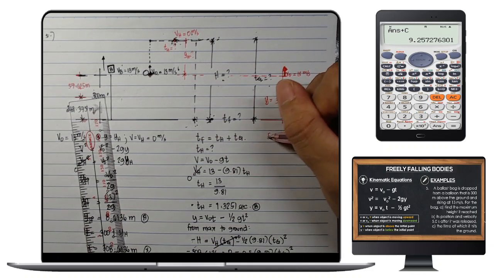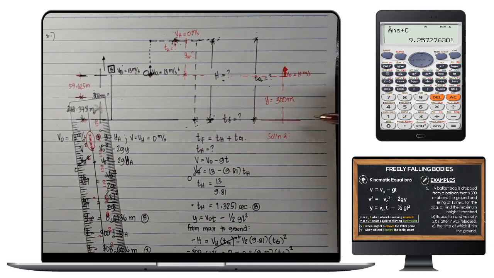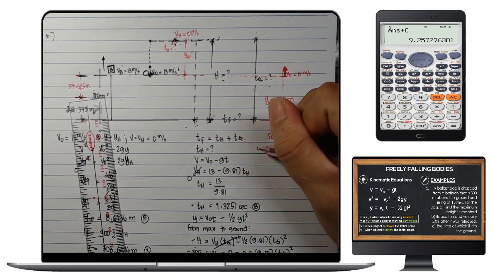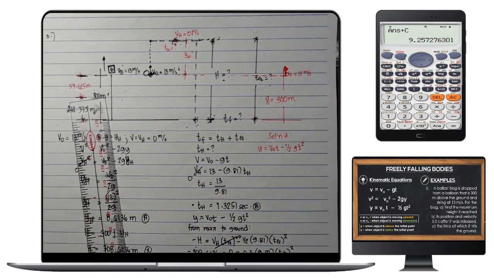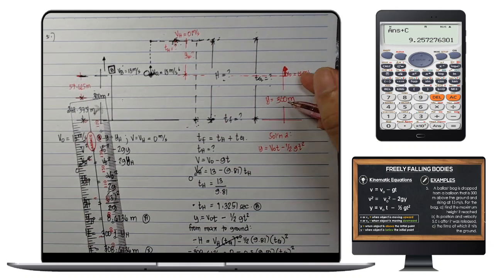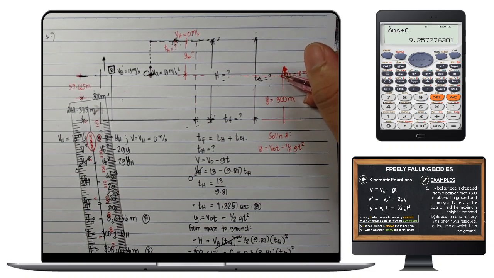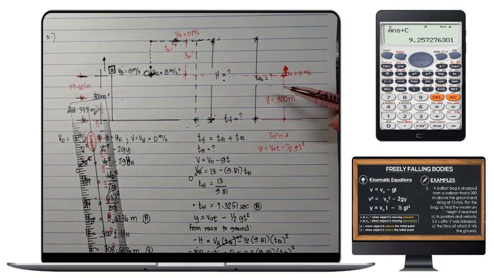So, for the second solution, using the third equation, that is y is equal to v0 t minus 1/2 g t squared. Okay? Now, we can go directly. So, yung y natin, since ito yung ating initial point, and again, this is below. So, nasa ilalim siya ng ating initial point.